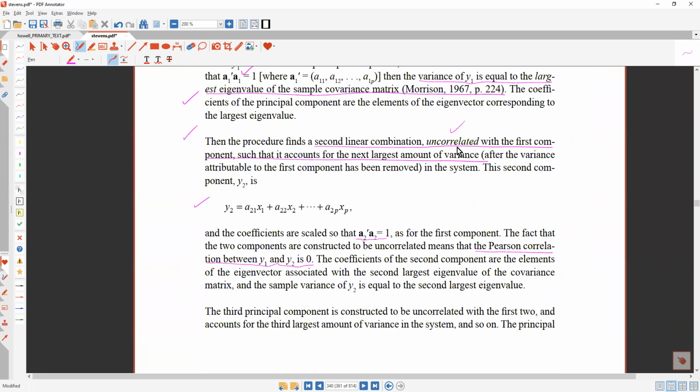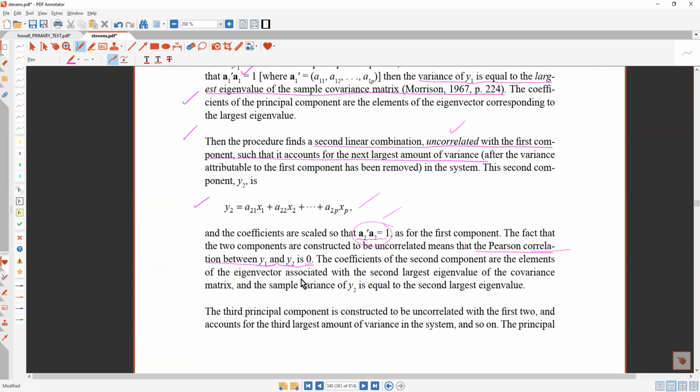But again, uncorrelated and orthogonal are distinct concepts. You don't want to talk about them like they're the same. In this particular case you can equate them, but don't equate them in general. There's your second component. We've got the normalization constraint. We've got the correlation between y1 and y2 is 0, right?